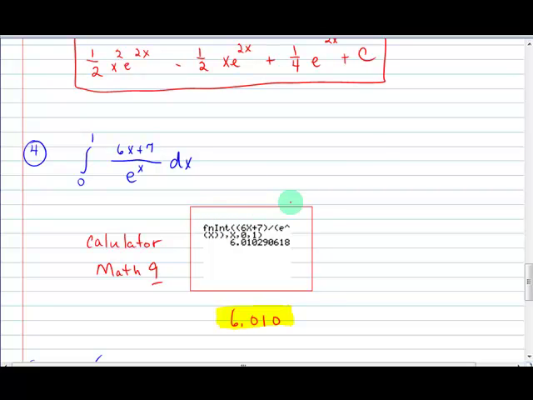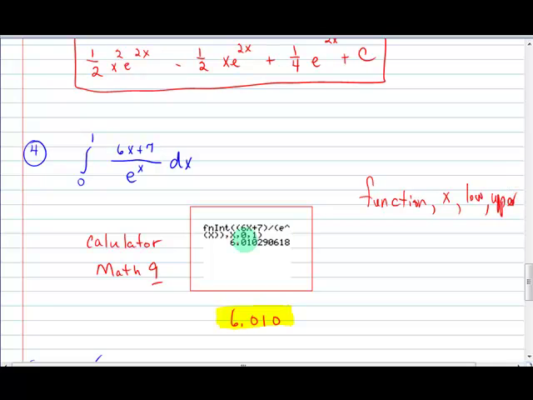You put the function, we've talked about this, the function, and be sure that it is in parentheses so that you have this 6x plus 7 is in parentheses divided by e to the x in parentheses, and then you've got the whole thing covered up, so just pay attention to that. And then you have x, and then you have the lower limit and the upper limit.